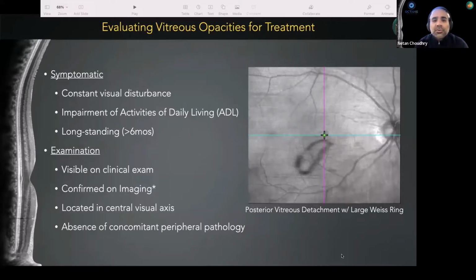I encourage you to explore it and try it if you haven't already. But if you can't see it at the slit lamp, you're going to have a hard time treating it at the laser. And then absence of any concomitant peripheral pathology. So if they have active flashing lights or floaters from lattice or holes that are open with fluid, I'll make sure that those are dealt with before we engage on this journey to deal with their opacity.